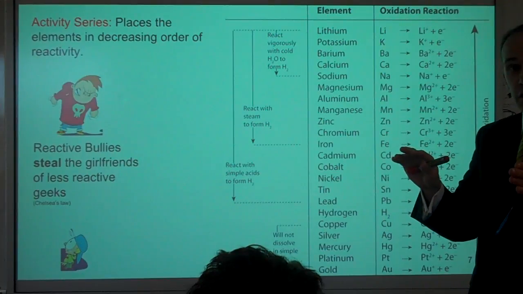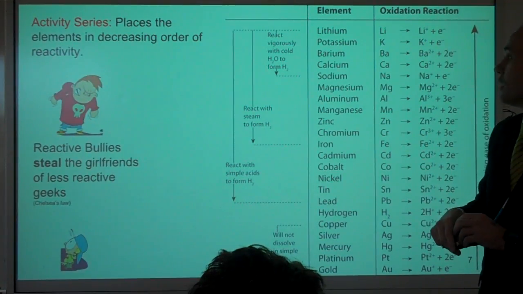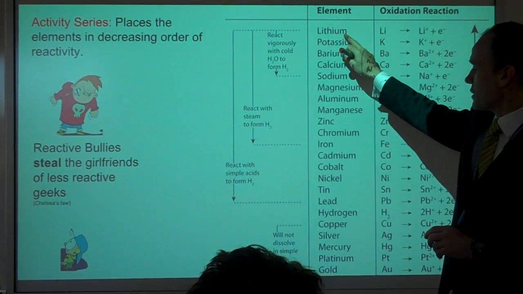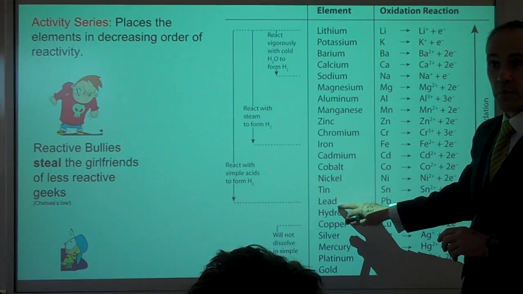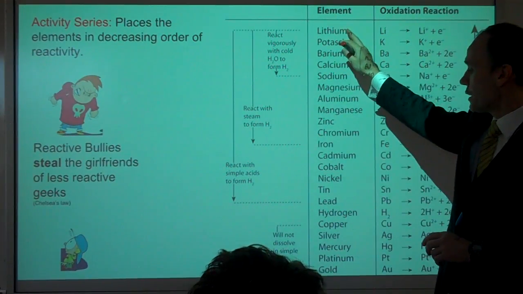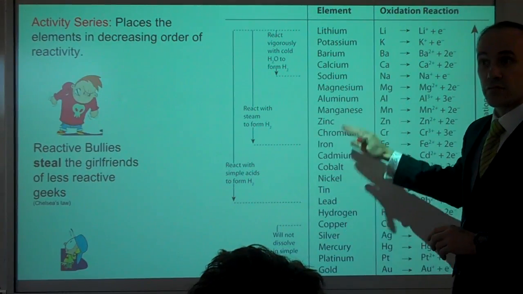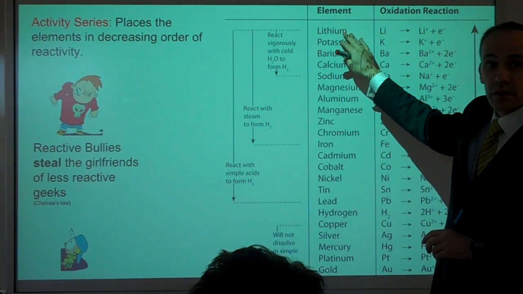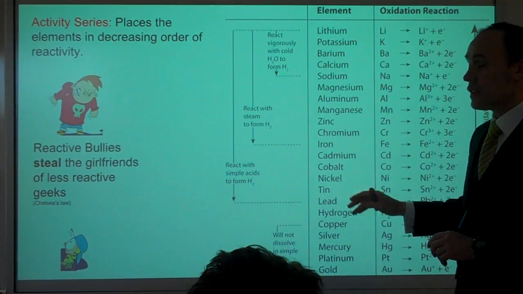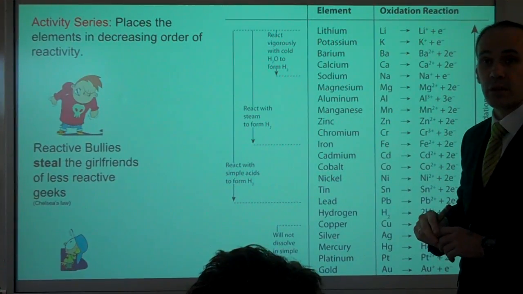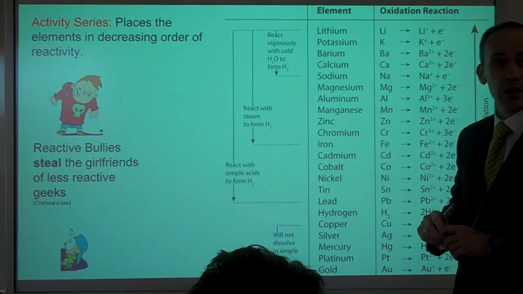They're always in front. If, say, lithium is present and lead is present as a compound, lithium will steal whatever lead is attached to. It is much more attractive than lead to whatever lead is attached to, and it will just take that. It will displace lead in a reaction.